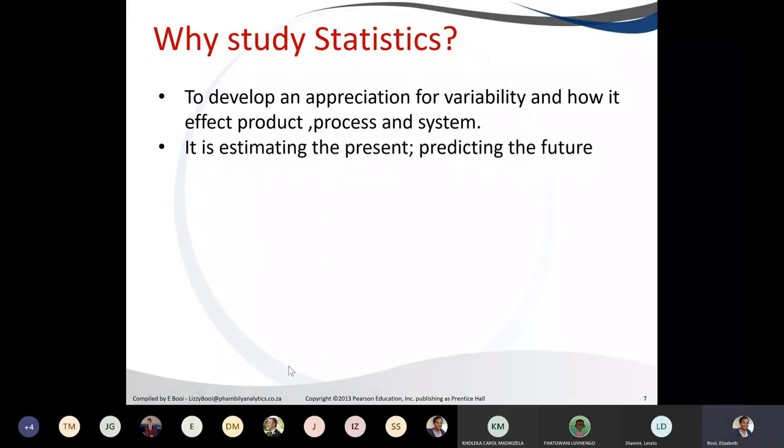We can also use it to estimate the present and also predict the future, which means we can forecast, like you can see now with the coronavirus, where people are talking about the data for today, but they can also tell you that they predict or they forecast that the numbers will rise or the numbers will drop or things like that. And that's part of what statistics is.